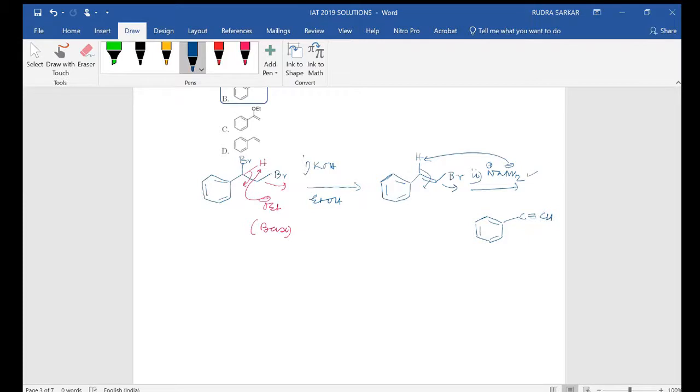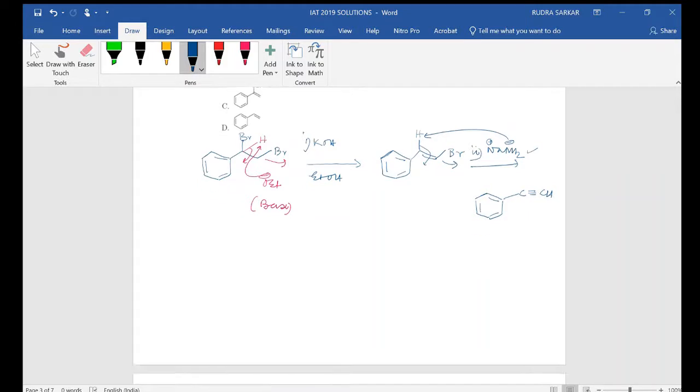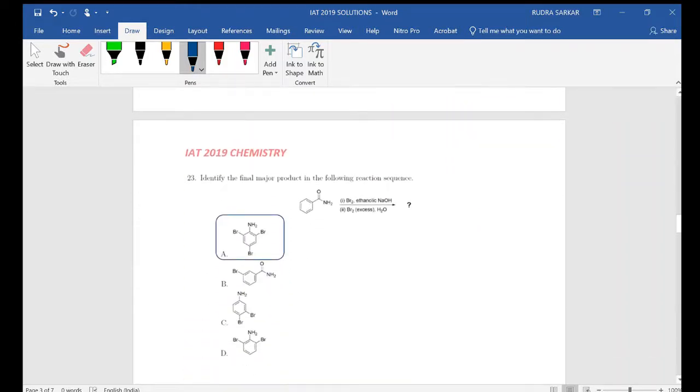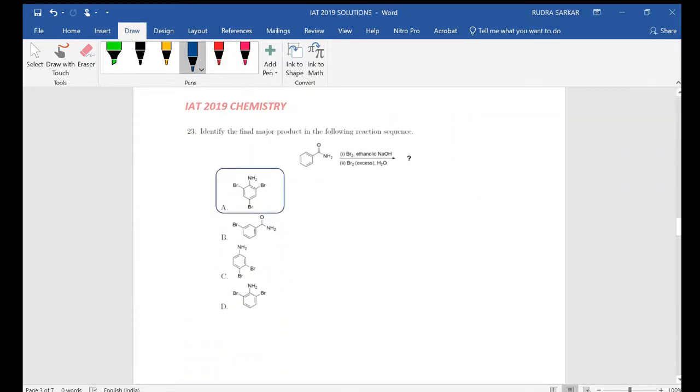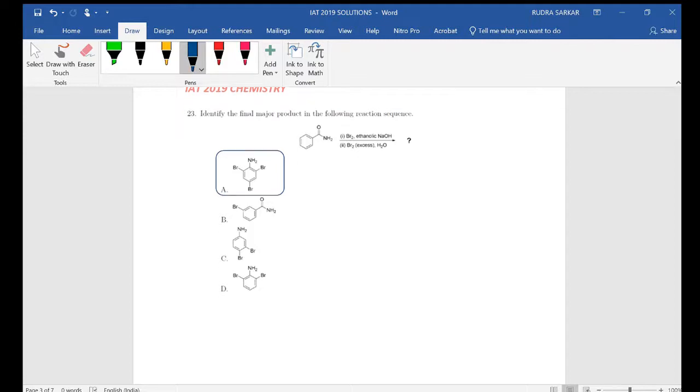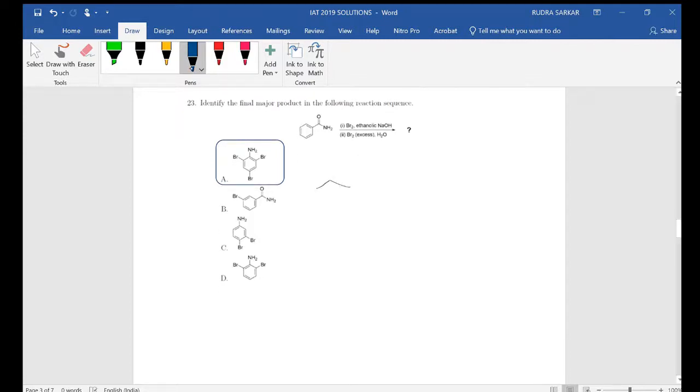Next we have a question from aromatic chemistry. We have to identify the final major product in the following reaction sequence. So initially out here, this is given to be benzamide in the presence of Br2.